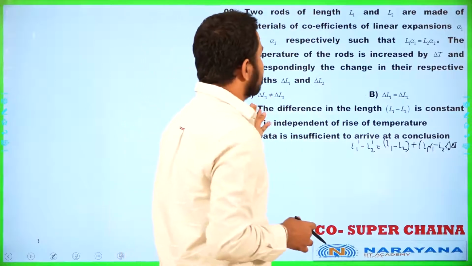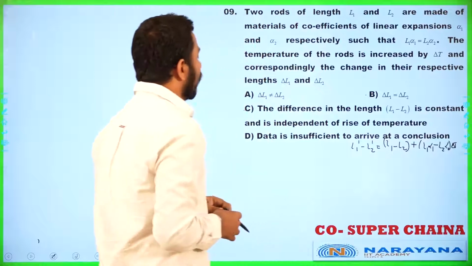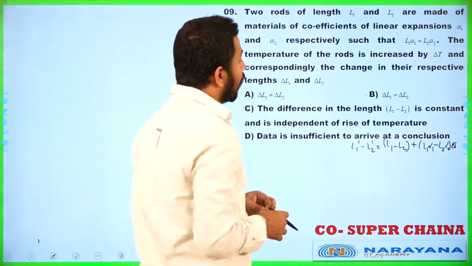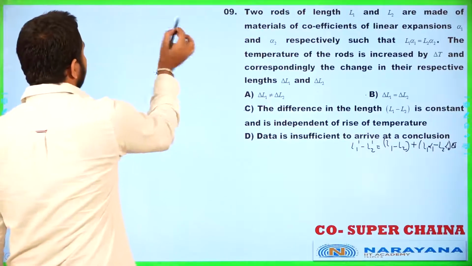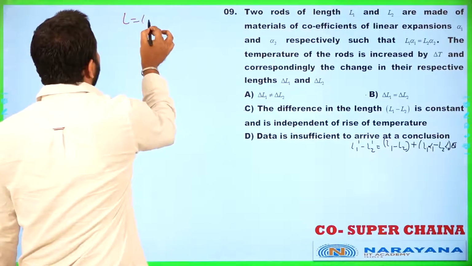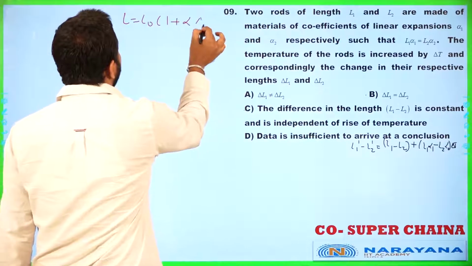So if this is the condition given, you have to check from the options what the conditions are. We know that L is equal to L naught (1 plus alpha delta T).